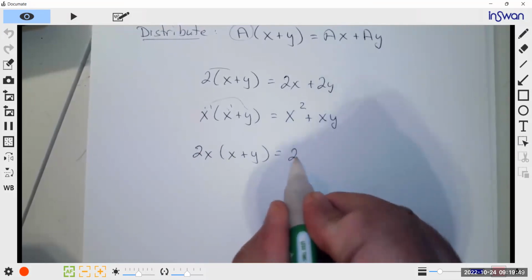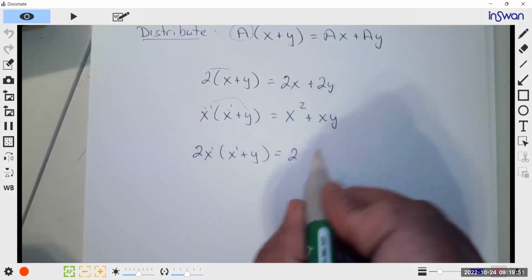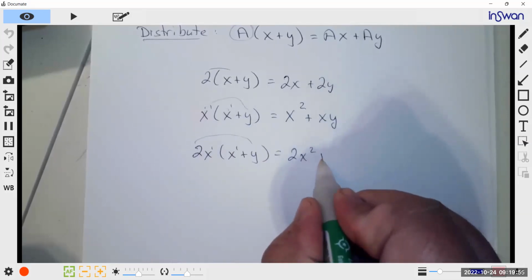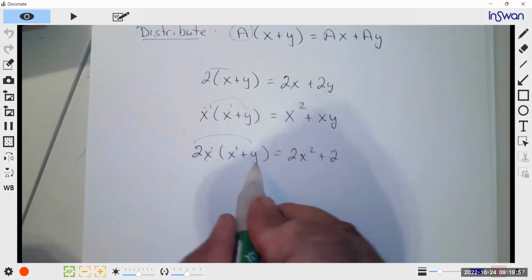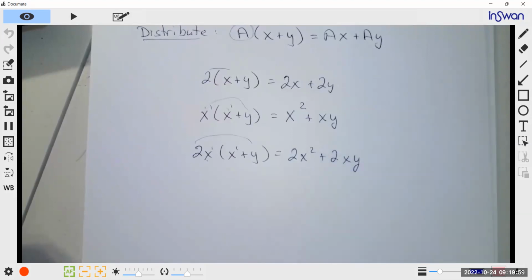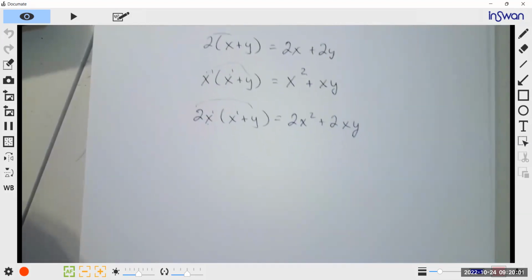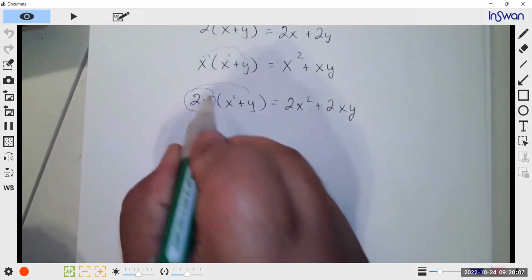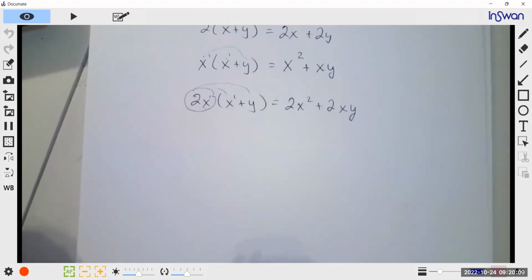2 times 1 is 2, x to the first, x to the first is x to the second. 2 times 1 is positive 2, x times y is xy. So whatever is in front multiplies to everything inside there.